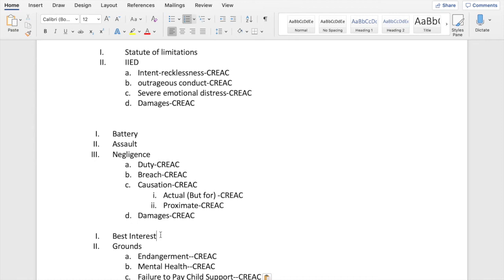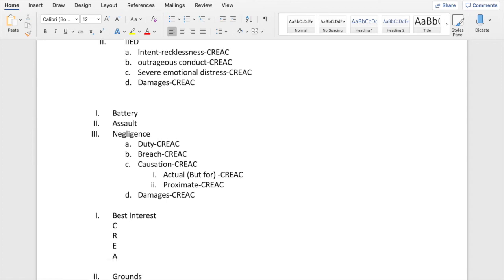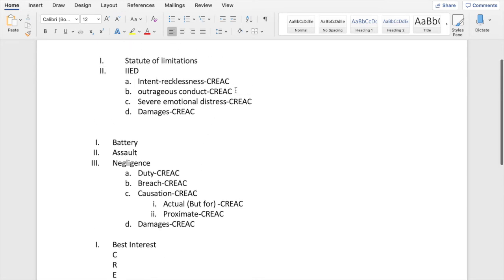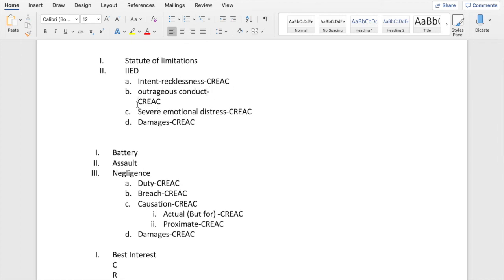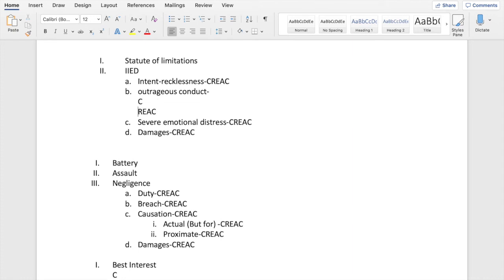Now, sometimes an element can have factors. So, for instance, best interests is a factors test. It would be a single CREAC, and the application would be divided into factors. Likewise, you may remember from our IIED problem that was a factors test.